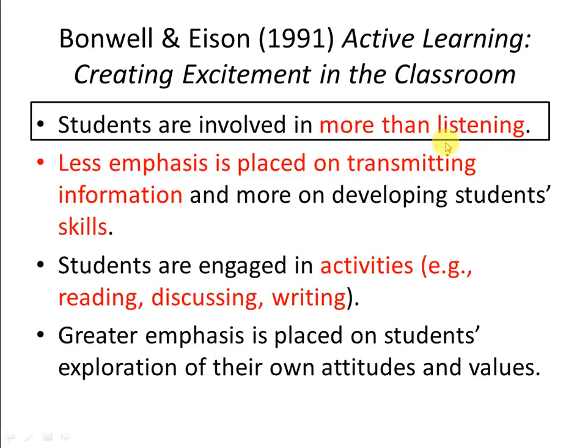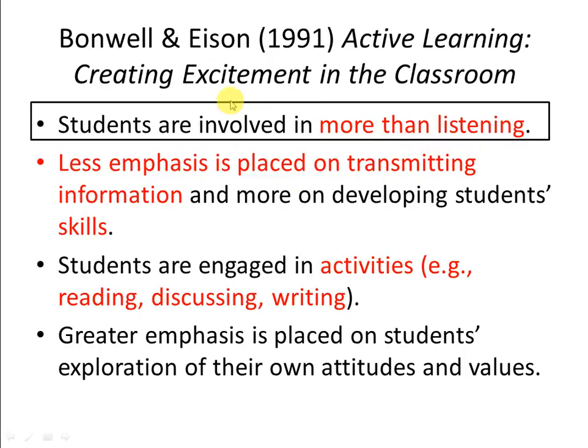Okay, so this is one of the things that these researchers say when they define what active learning is. When we say active learning, students are involved in more than listening. So please remember this, okay?